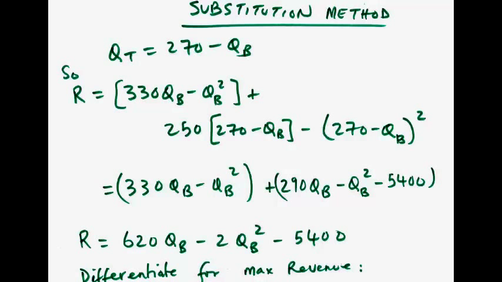It makes the differentiating straightforward. After manipulations, our revenue function becomes R equals 620 QB minus 2 QB squared minus 5400.